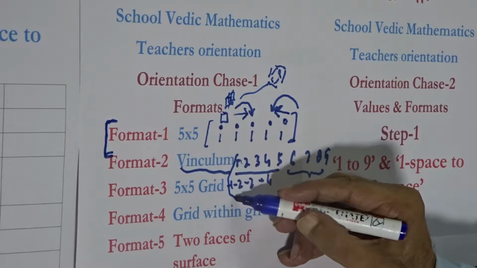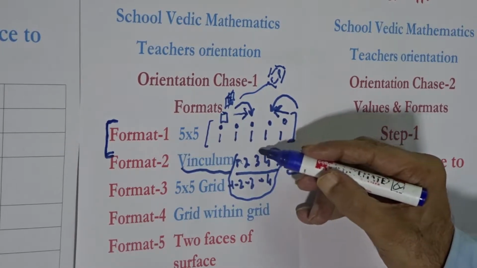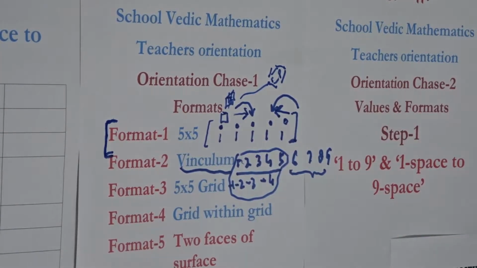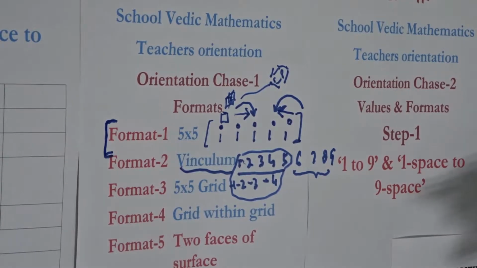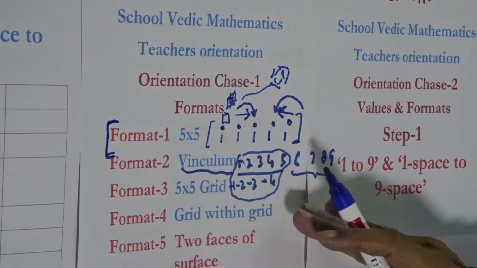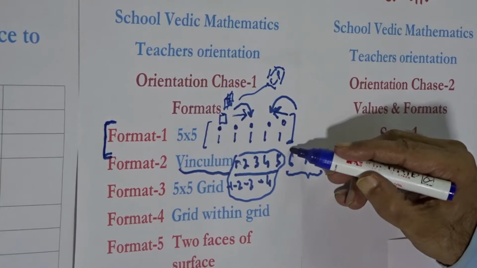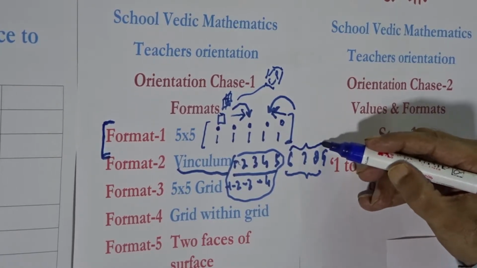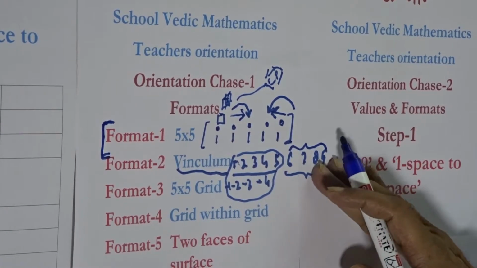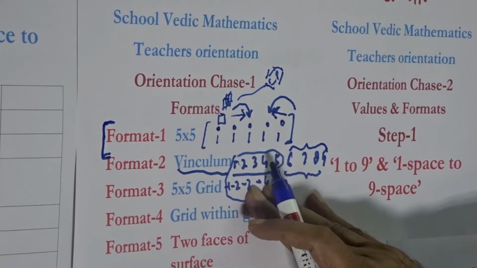It is this technique, this mathematical step, this tool, this system which helped us have replacement of the bigger numerals by smaller values.